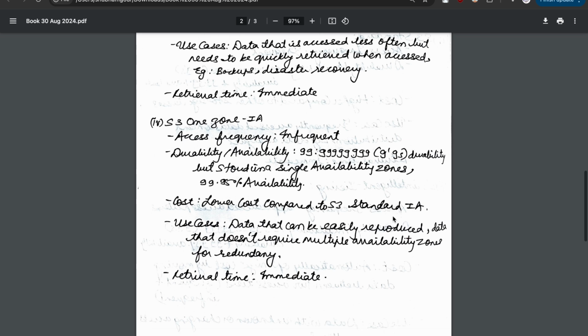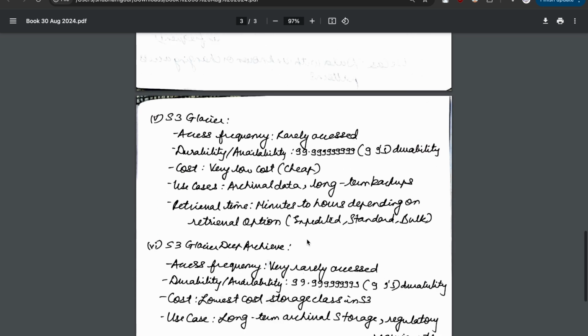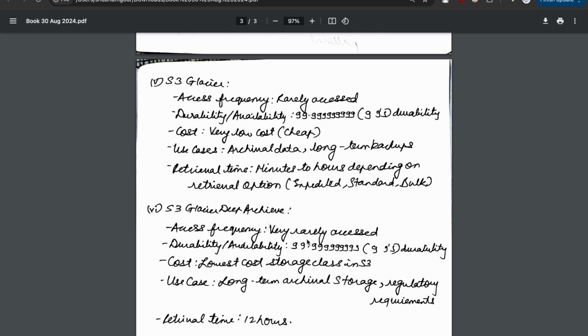Moving forward with the fourth one, we already covered these three Standard ones. Moving forward with Glacier. Now, why do we use Glacier? We are certain that there is some data which we need to keep for archival. The best example would be the employee database directory or the records that you keep for your information. Here the access frequency is rare, and durability is again eleven 9s.